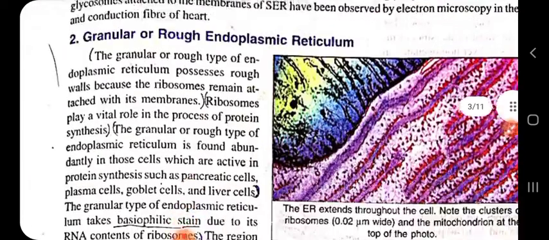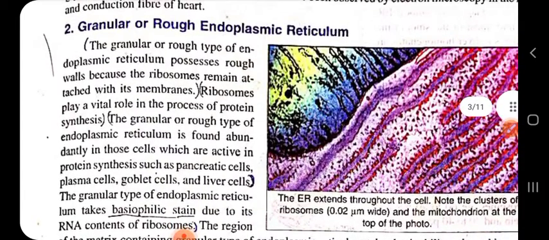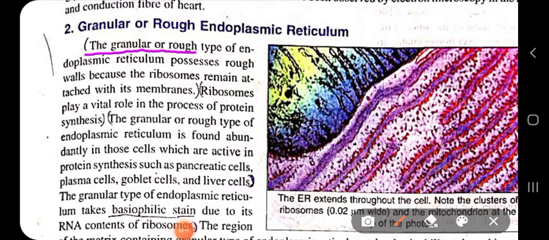Now let us see about the granular or rough endoplasmic reticulum. As the name suggests, the granular or rough endoplasmic reticulum possesses rough walls because ribosomes remain attached to its membranes. So, rough endoplasmic reticulum gets its name because ribosomes are attached to the membranes of this endoplasmic reticulum.